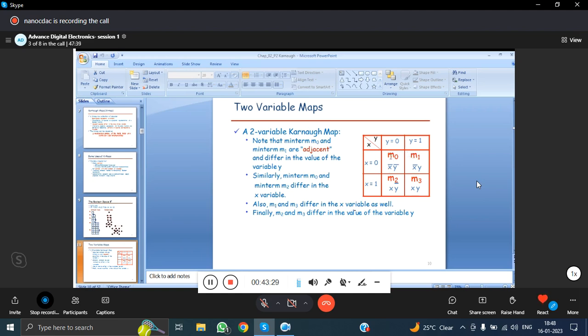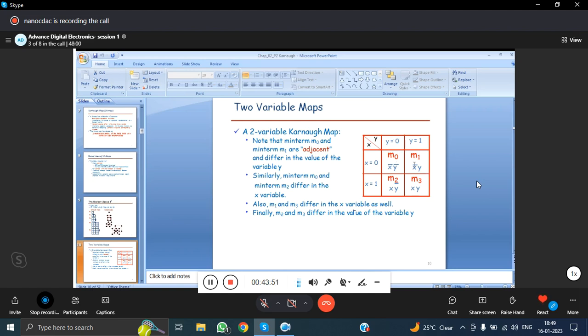Here M0 is x equal to 0, y equal to 0. This M0 block is representing x bar, since x is equal to 0, and y bar, since y is equal to 0.